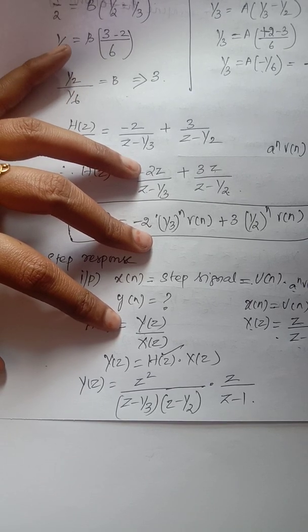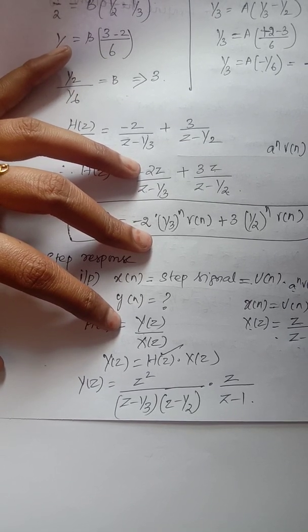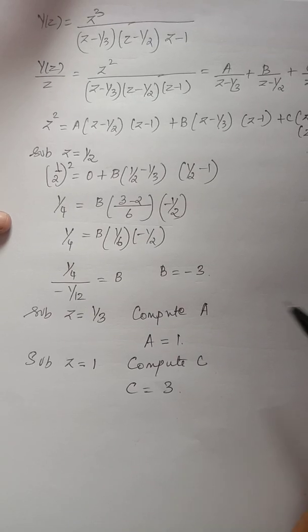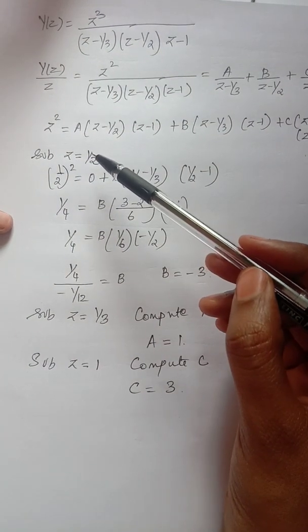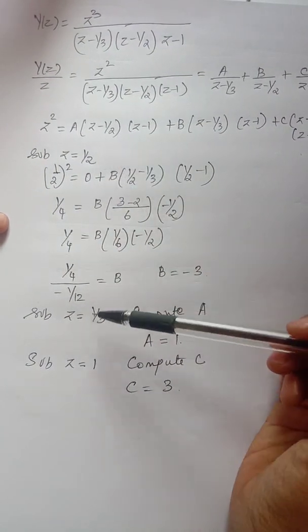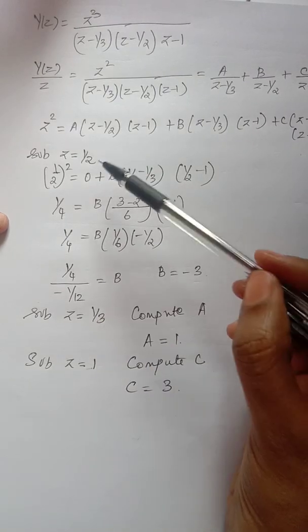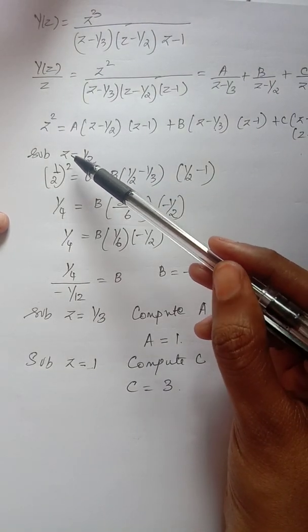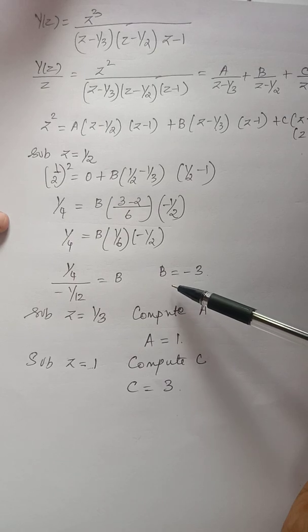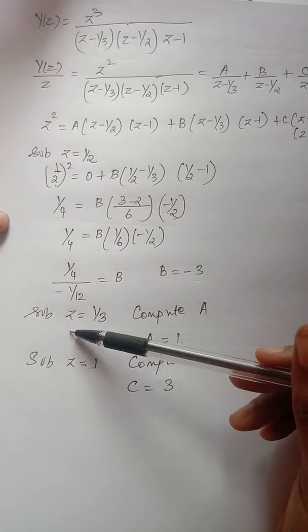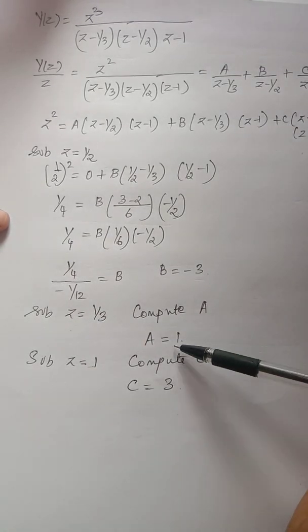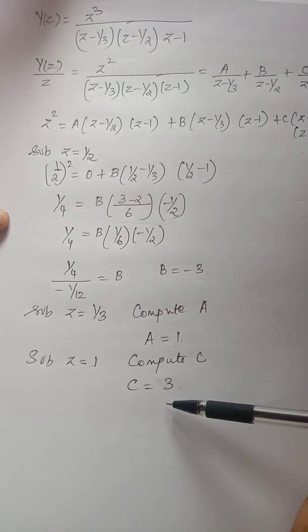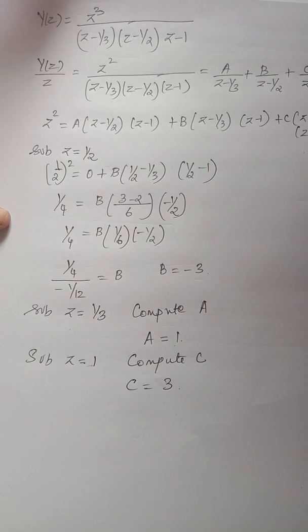You can find it by substituting the different values of z: 1 by 2, 1 and 1 by 3. If you substitute z equal to 1 by 3, a equal to 1; z equal to 1 by 2, b equal to minus 3; and z equal to 1, c is equal to 3.